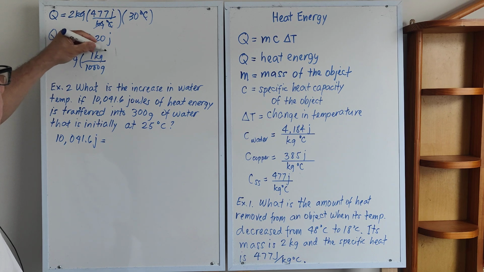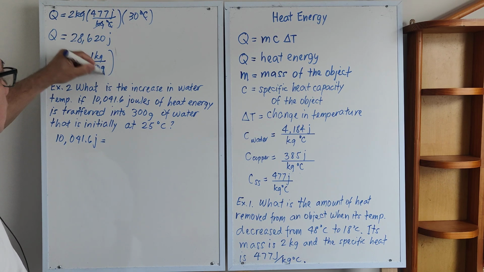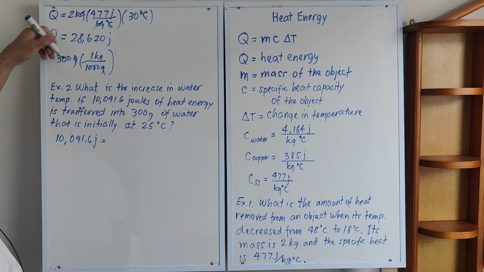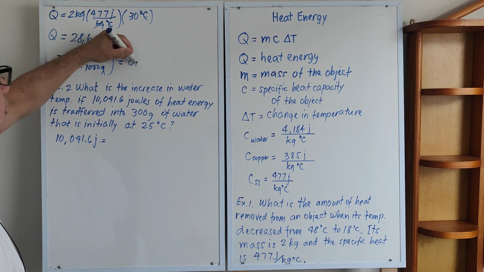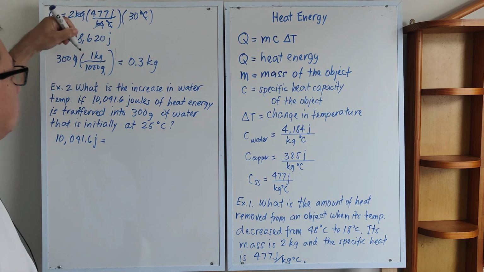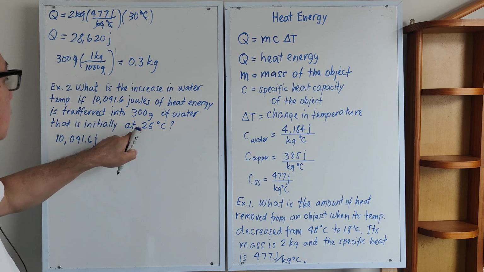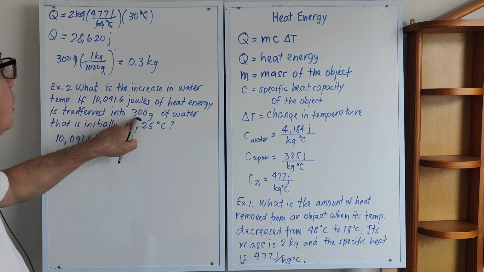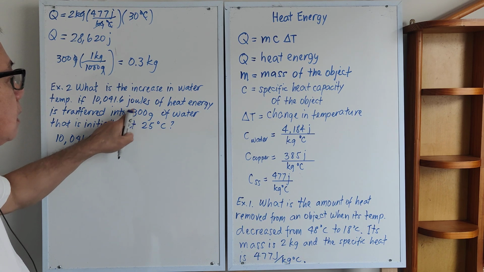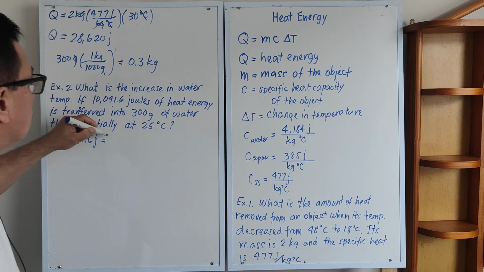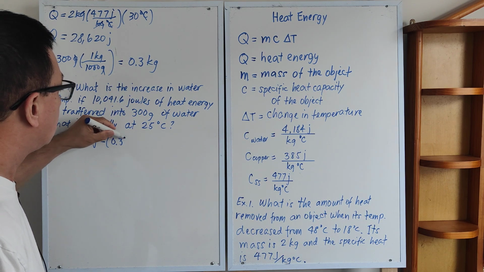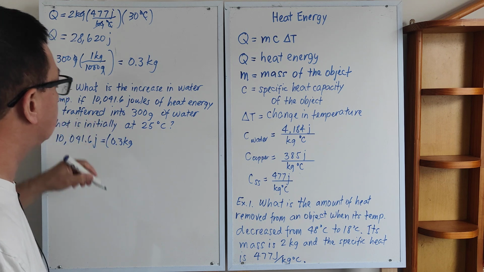The grams cancel out. 300 divided by 1,000 is 0.3 kilograms. So instead of 300 grams, we put 0.3 kilograms, so we have consistent units.